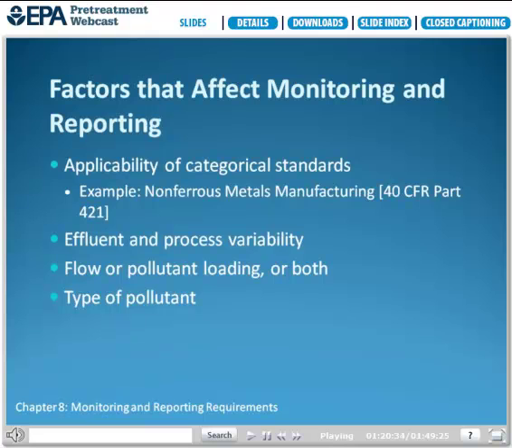Or in the non-ferrous metals manufacturing, there's a provision there where if cyanide is monitored and the first sample collected during the calendar year is less than 0.07 and the owner certifies in writing that no cyanide is used, that reporting is not required.